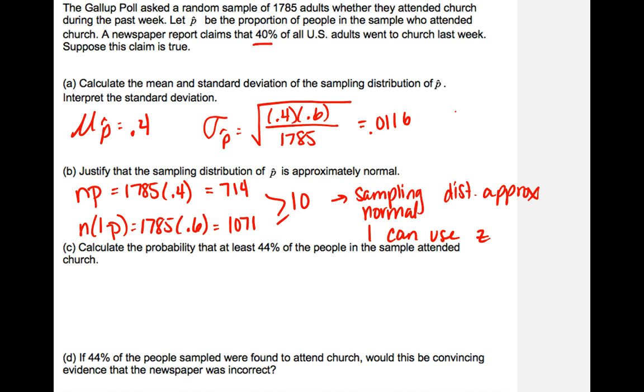So here I'm going to use this mean and standard deviation in a z-score to find the probability that at least 44% of the people in the sample attended church. This is my x value, or really my p-hat value. So I have 44% minus the mean of 0.4 divided by the standard deviation of 0.0116.